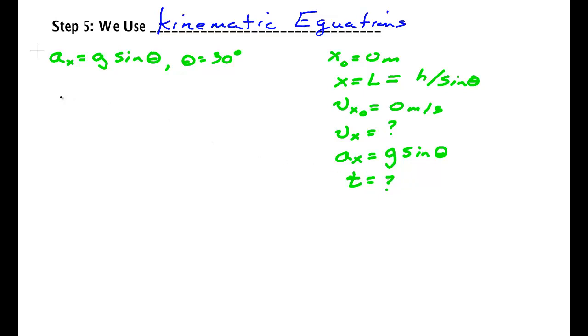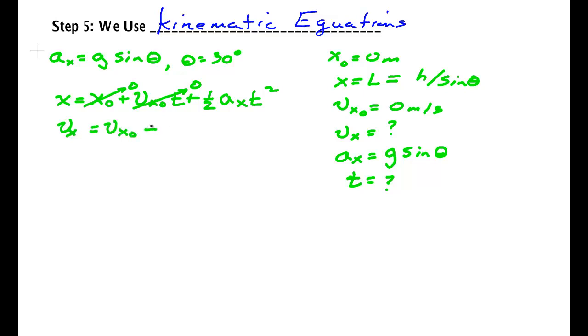I have the following set of equations for the kinematic equations. x equals x naught plus Vx naught t plus 1/2 ax t squared, where this is 0 and this is 0. I know that the final speed is equal to the initial speed plus the acceleration in x times t, and I know that this is 0.